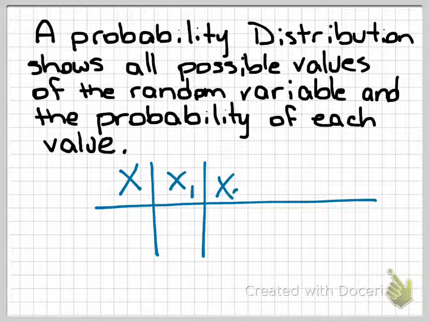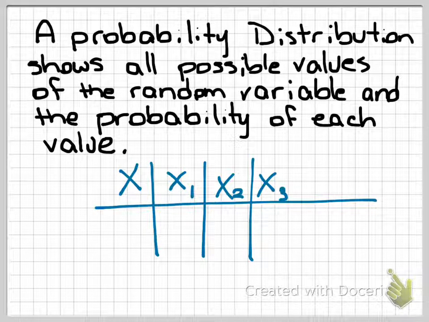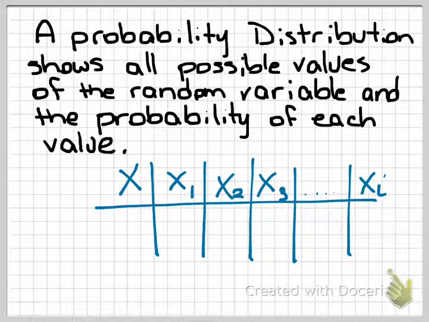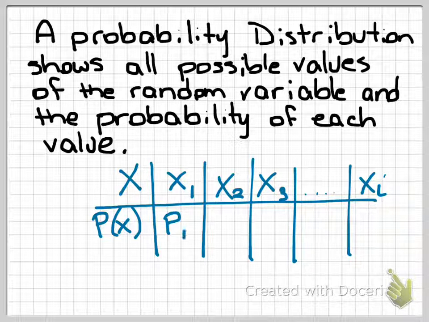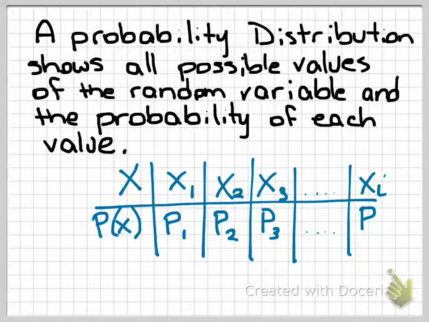We show the second x value, and we show the third, and all the way up to x sub i. We also, though, show the probabilities of x, and that'll be probability sub 1, probability sub 2, probability sub 3, all the way up to the probability of i. And that's how we show the distribution.